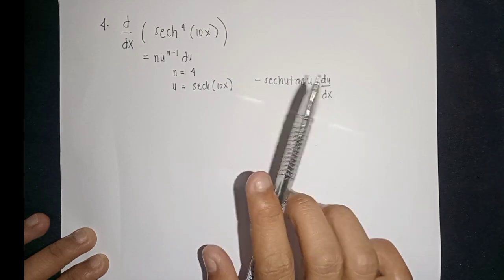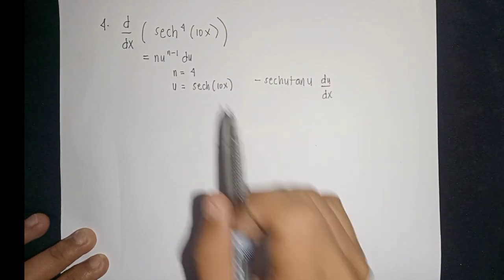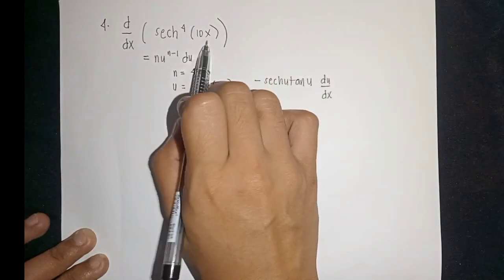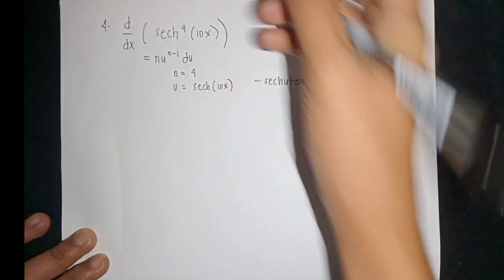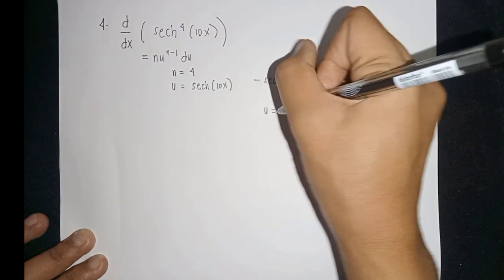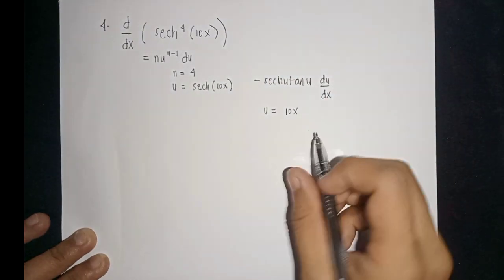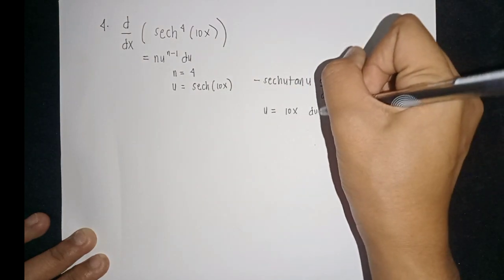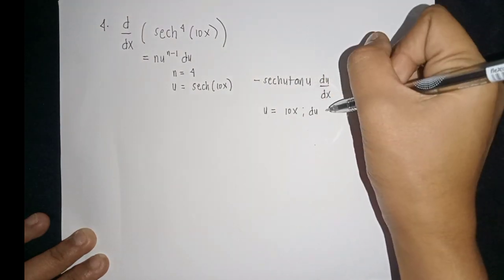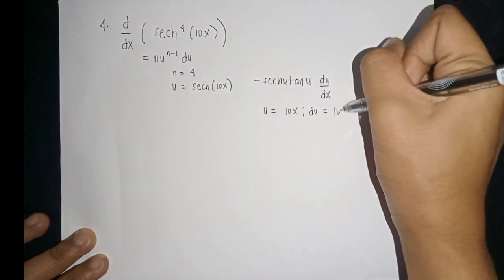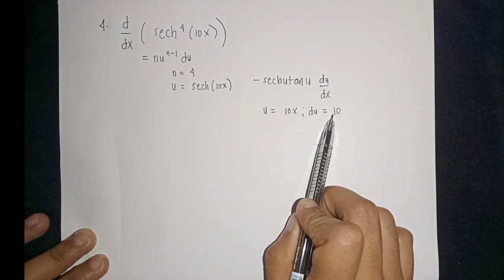So now, for our u, we have the 10x, and we need to differentiate the 10x. The derivative of u is 10.